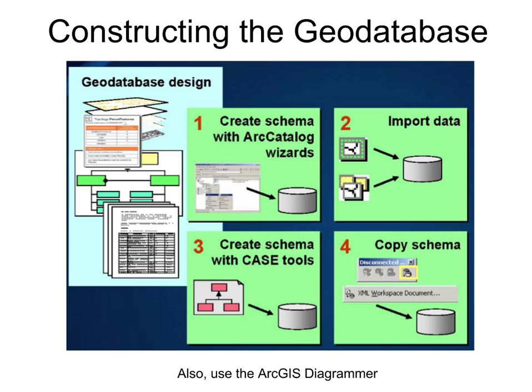You can use schema tools and also the ArcGIS Diagrammer. So there's some different ways that you can do this. We oftentimes just use the ArcCatalog wizards of right-clicking new feature class and defining the attribute fields and the types as you go. This is kind of the manual way. Importing data builds schema as it comes in, CASE tools, or copying schema.